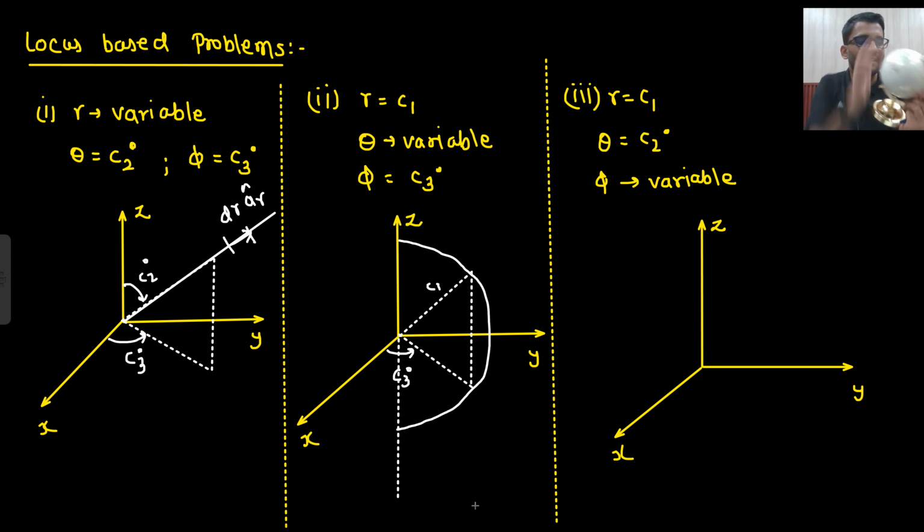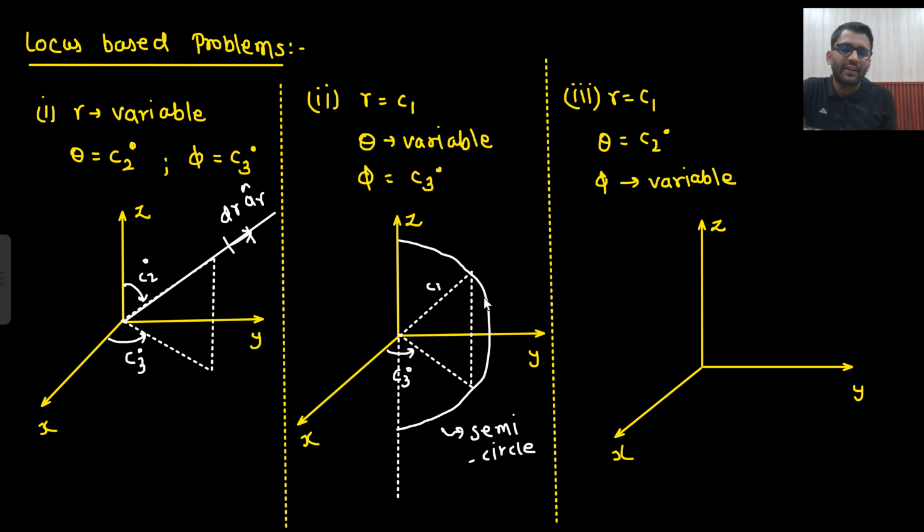These are semicircle arcs. A lot of semicircle arcs it will make. Are you getting this point or not? Right? So this is a semicircle arc.